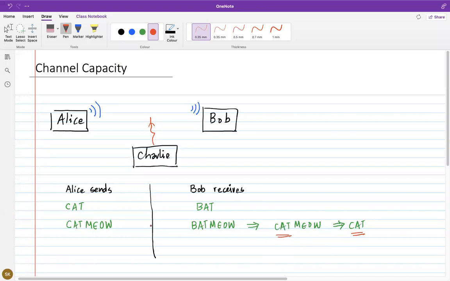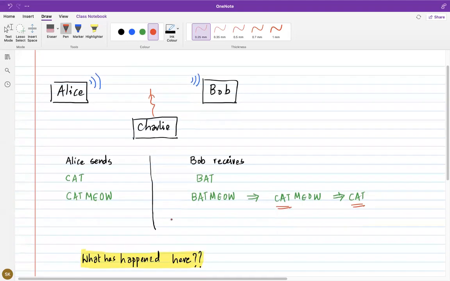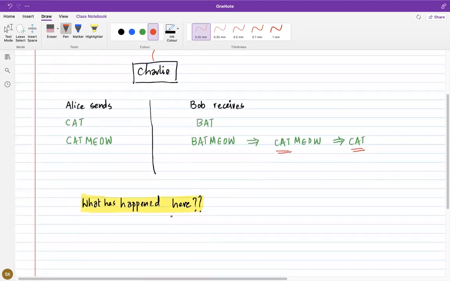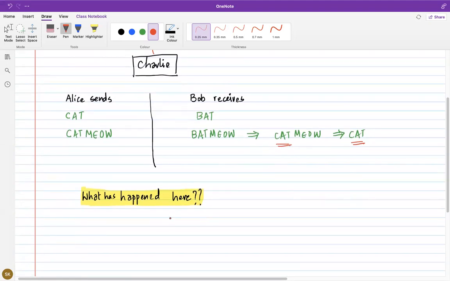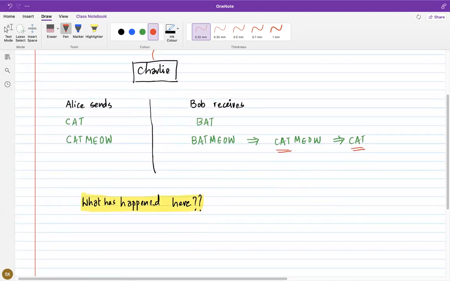So what has actually happened here? How did this communication get facilitated? Note that there are three things that have happened after you have added some information to this cat. Let me list them one by one.